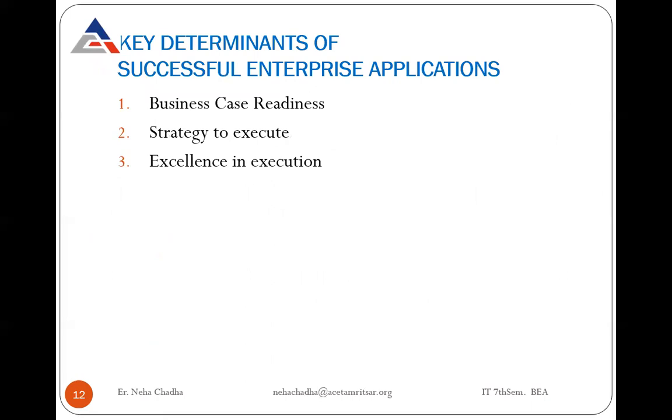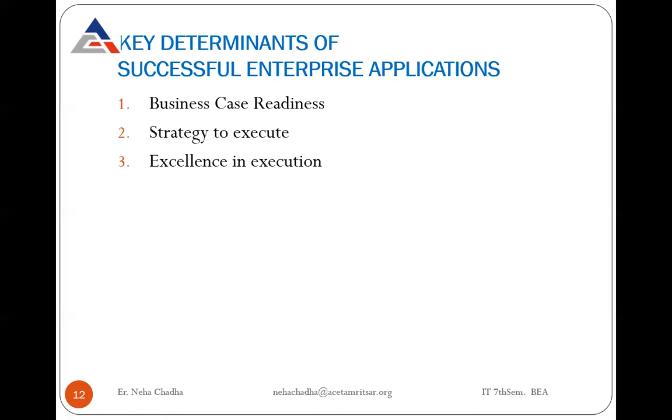Then comes the new topic, which is called the key determinants of a successful enterprise application. Here comes business case readiness, then the strategy to execute, then excellence in execution. If we consider these words very carefully, we will find out what the key determinants are when we want our application and our business to be successful.